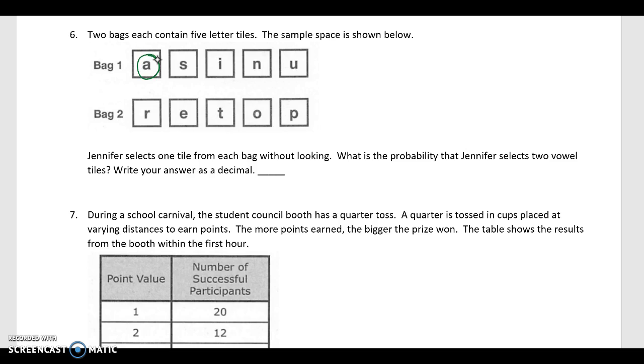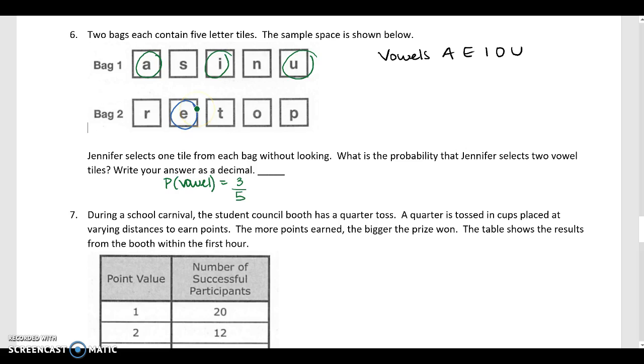Let me fix it. Sorry, so looking back at bag 1, vowels A, I, and U. So the probability of a vowel in bag 1 is 3 out of 5.